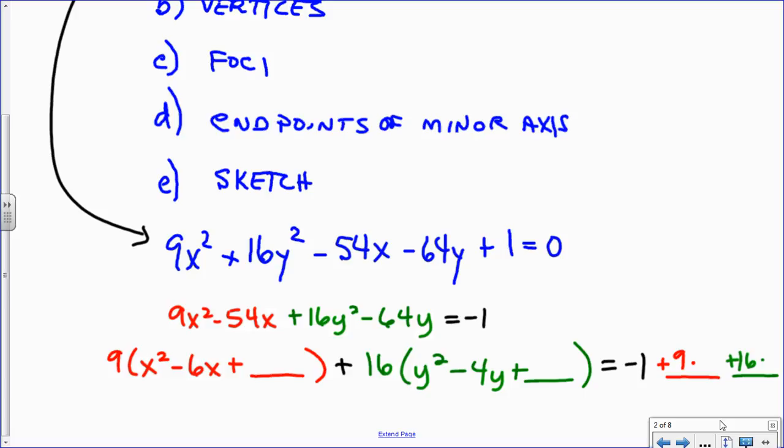Make sure you factor out those leading coefficients. Some time to get this one finished.